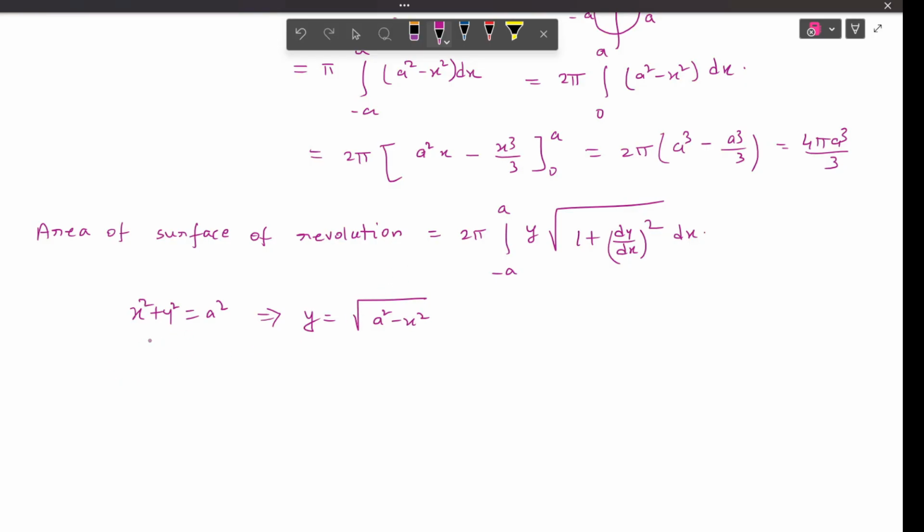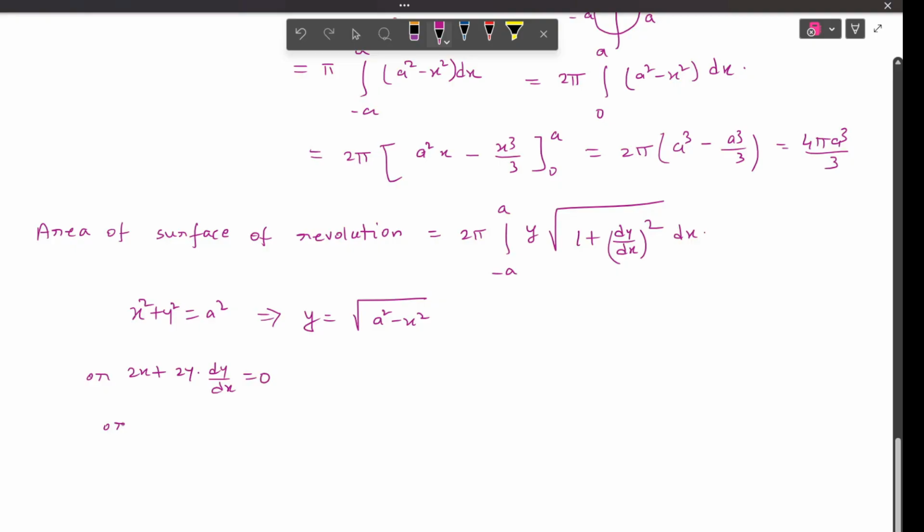And if you do the differentiation on both the sides, it will be 2x plus 2y dy by dx equals 0, because a square is a constant term. So we can say x plus y into dy by dx would be 0, and this is dy by dx is minus x by y.